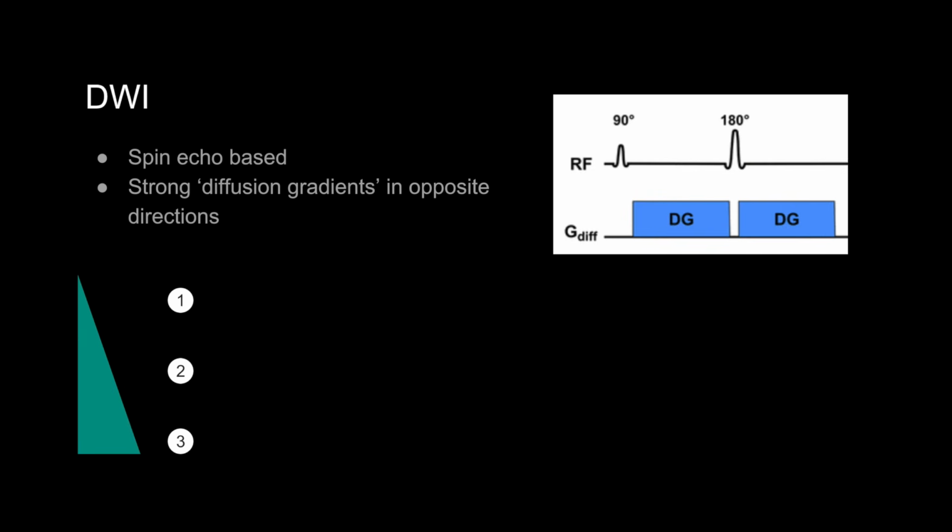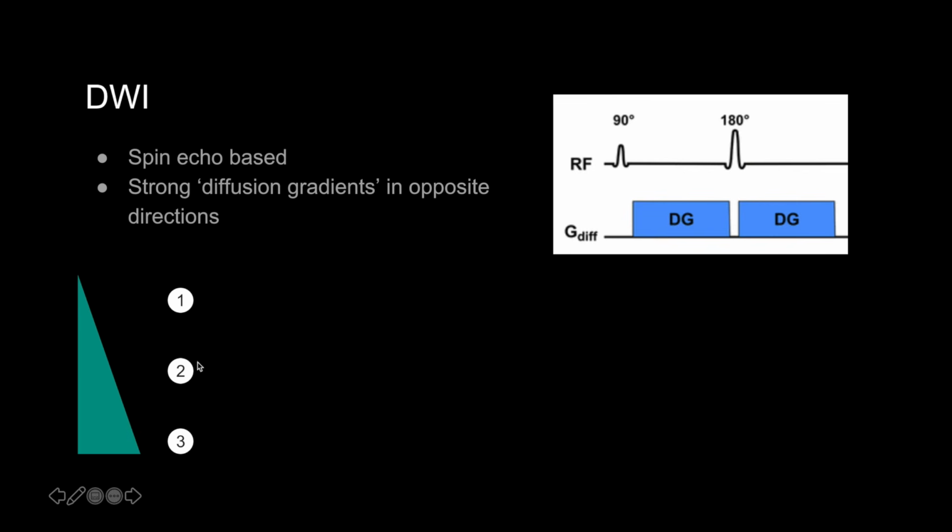If we apply a very strong gradient, or magnetic field that varies over space, each of these molecules or nuclei here experiences a slightly different field strength based on where it is relative to this strong gradient. So we have a stronger magnetic field down here because of the gradient and a weaker magnetic field up here. Field strength is directly proportional to the precession frequency, the Larmor equation.